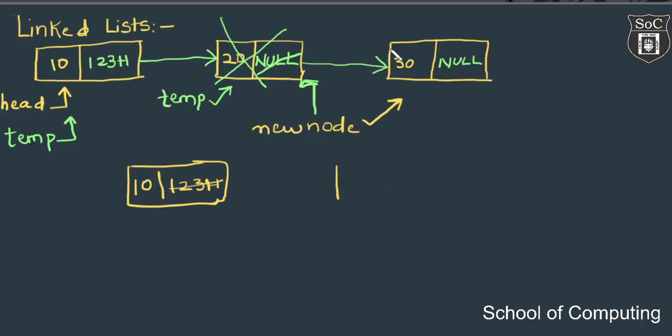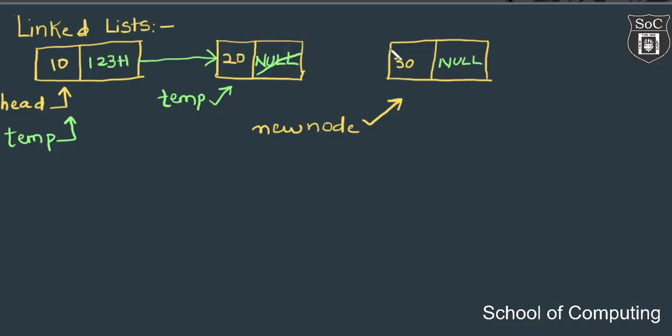So whenever I create a node, I take help of malloc, and whenever I wanted to release the memory, I'll take help of the free function. So friends, this is about the various operations of a linked list. I hope you have understood the basic things about linked lists.